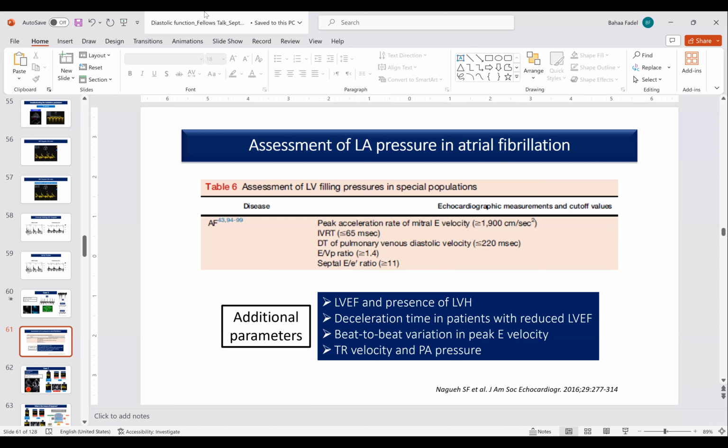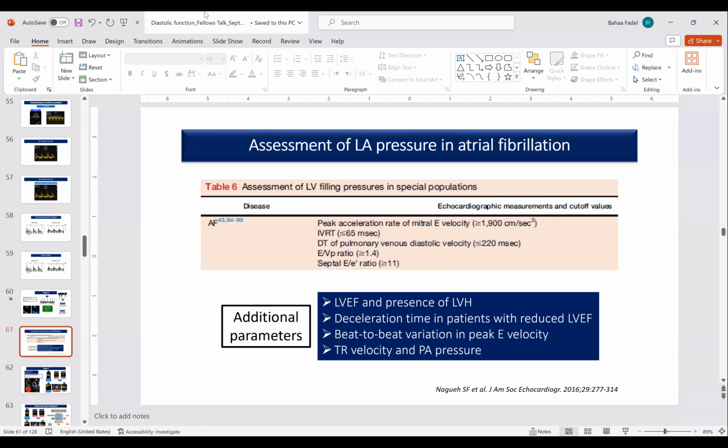You should look at the average E velocity, at the E prime velocity. You can use also the propagation velocity and measure the E to VP ratio. This is something useful. And look at your E to E prime ratio. Now, if all these still don't give an answer, what's helpful as well, if the patient has a bit of PR, look at the pulmonary regurgitation velocity, PR velocity.